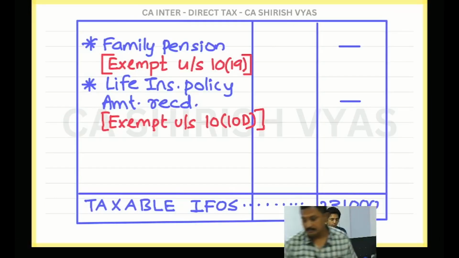Now tell me, what do you do with this total? Actually, our sum is over. Yes, this will go to the main statement, where you write all 5 heads of income together and then we total up and then we calculate the tax. Means you should never forget what is your ultimate goal. So 2,31,000, this question is over.